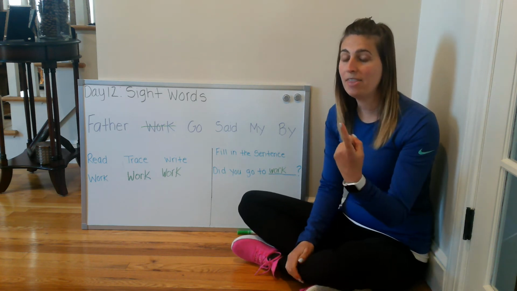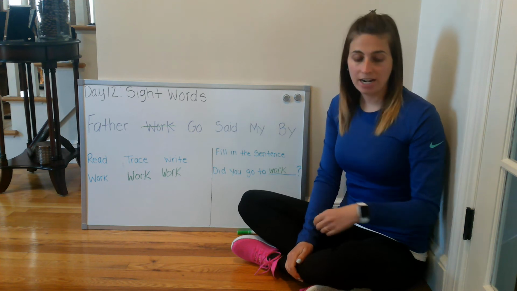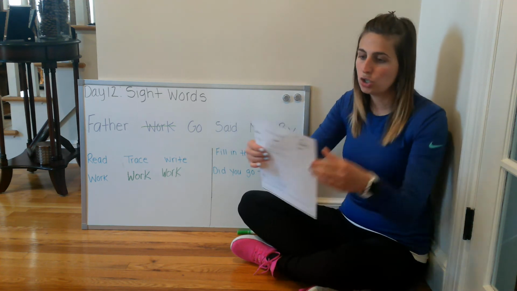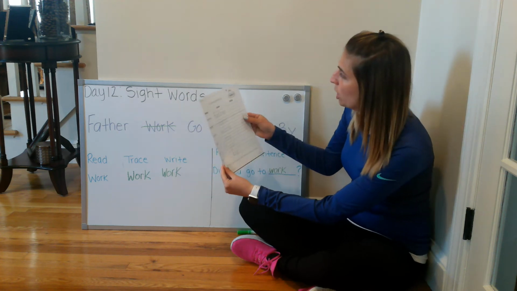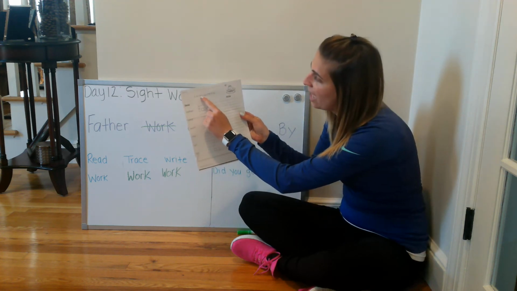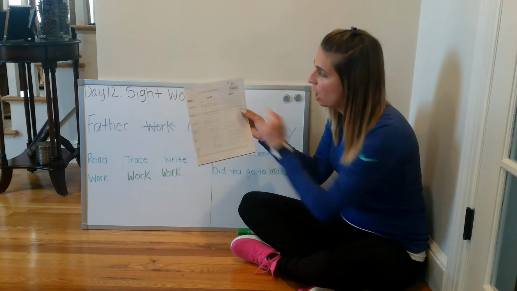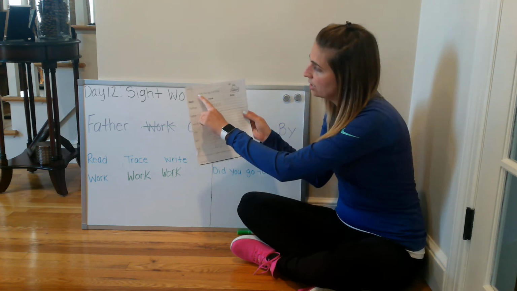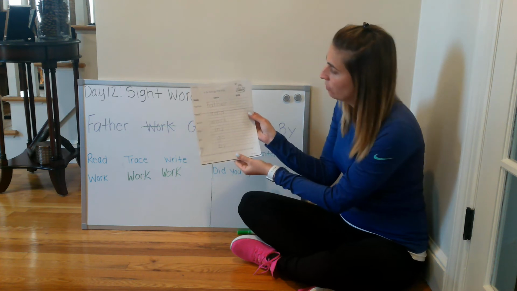Now what we're going to do is complete an example on one side of your worksheet together and an example on the other side of your worksheet together. So materials that you are going to need for this: you're going to find the sight word worksheet titled A Fly Flew by the Frog. So there's a picture of a frog on one side with the title A Fly Flew by the Frog.